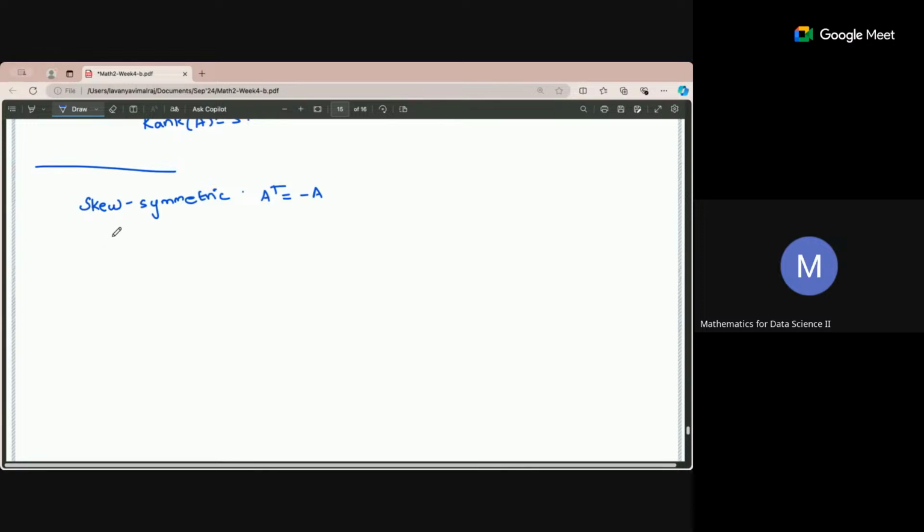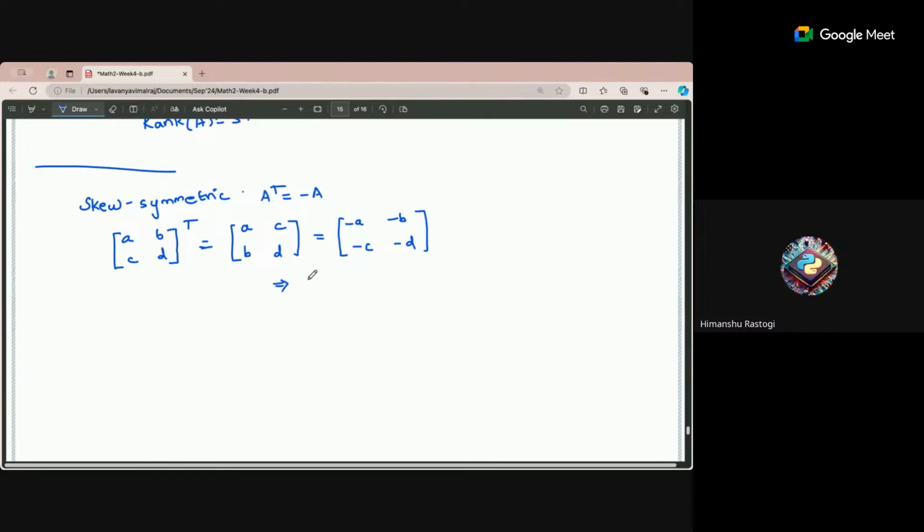Suppose I am considering a 2 by 2 skew symmetric matrix. Now, what is the transpose of this matrix? A, C, B, D. Now, it is given that it is equal to minus A, so minus A, minus B, minus C, minus D. So what do you get?